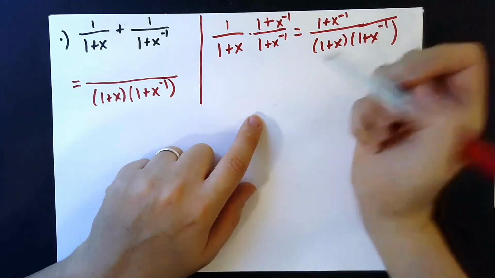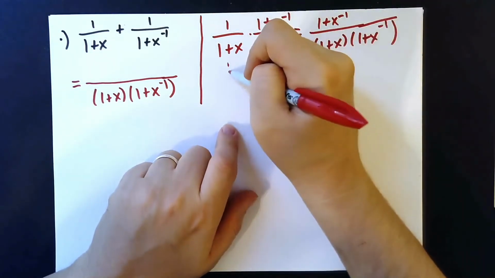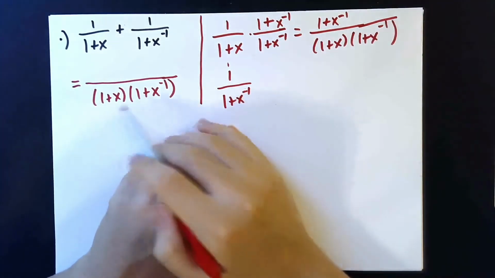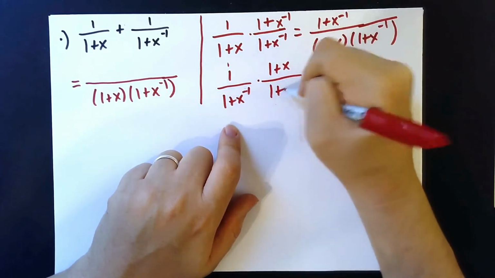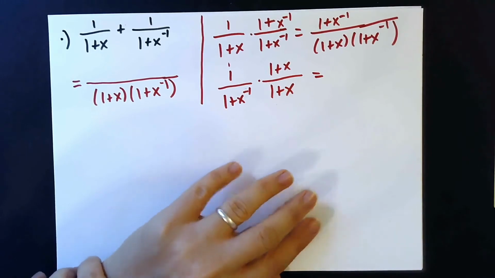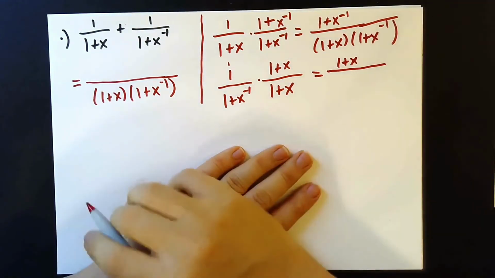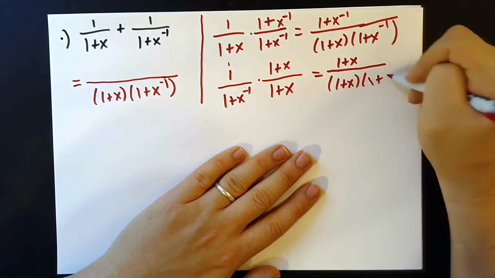And likewise, if I want to rewrite 1 over 1 plus x inverse over this denominator, I need to multiply it by 1 plus x divided by 1 plus x, which is going to give me 1 plus x divided by 1 plus x times 1 plus x inverse.